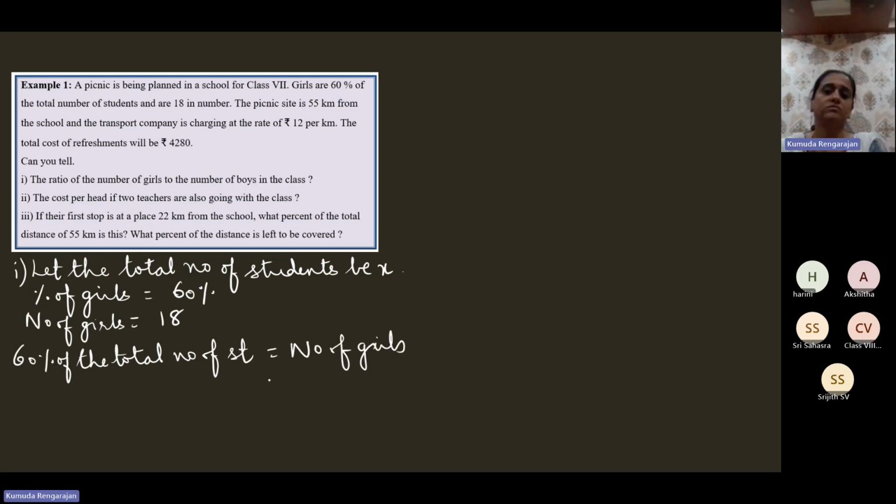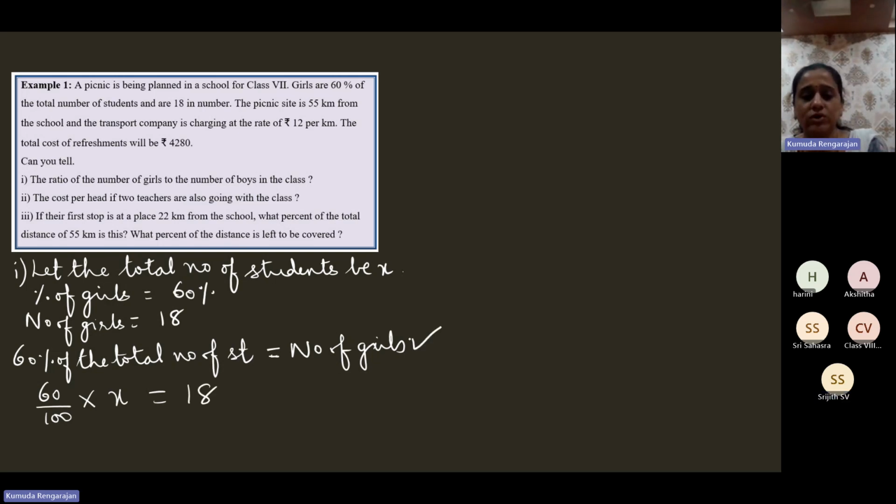We are constructing the equation in words. Now convert this to a mathematical equation. 60% means 60 by 100. Of means into total number of students X is equal to number of girls, which is 18.